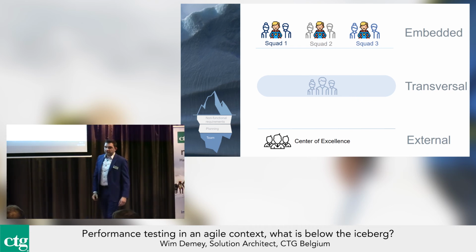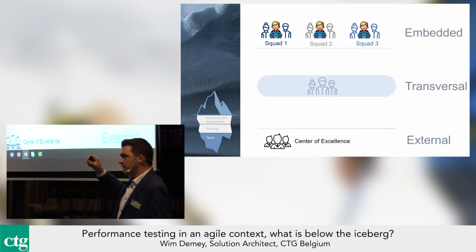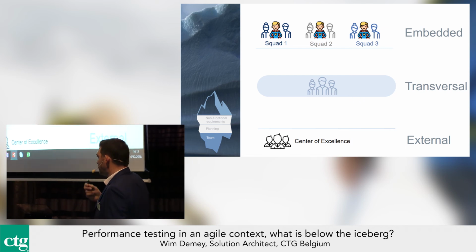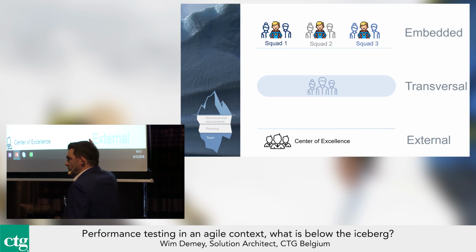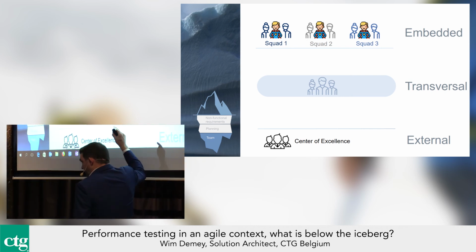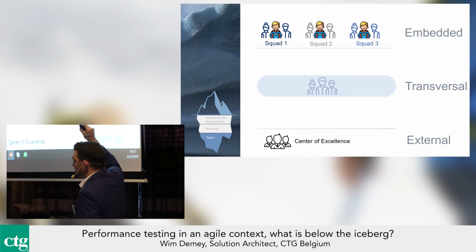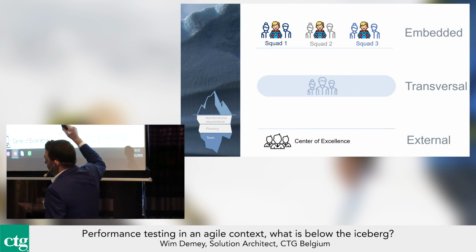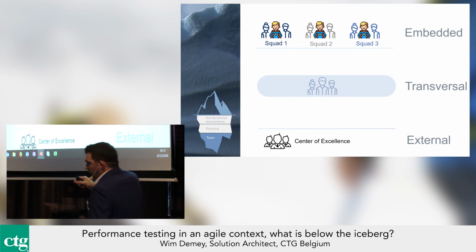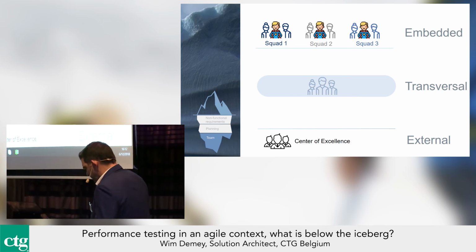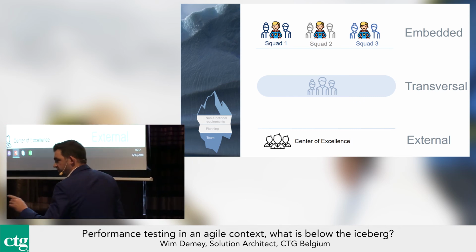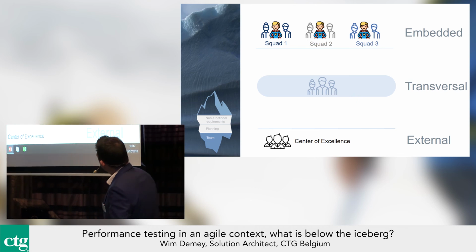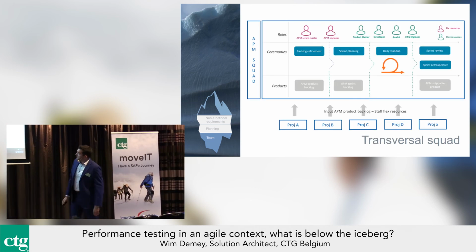And of course, the ideal world is that each squad has its own capability to do performance testing. It doesn't mean that the tester in your team needs to do the performance testing. It can be that your developer takes that role. So I see it more as a capability, as a role, instead of saying it's always the tester who needs to do that.